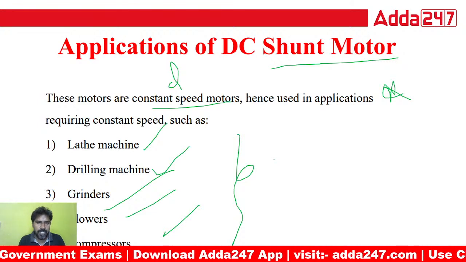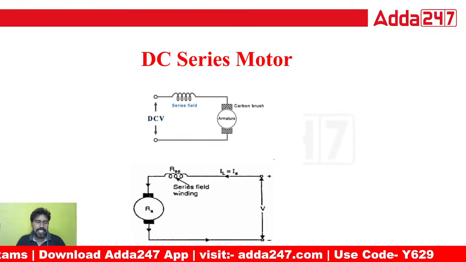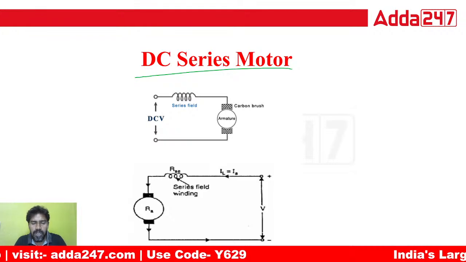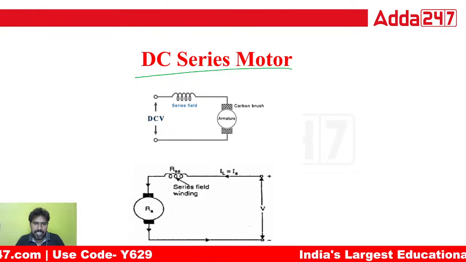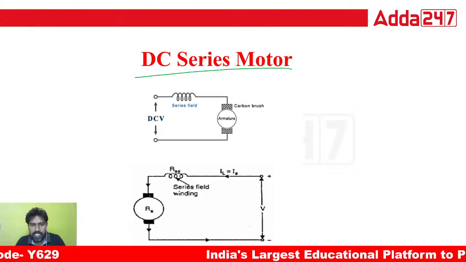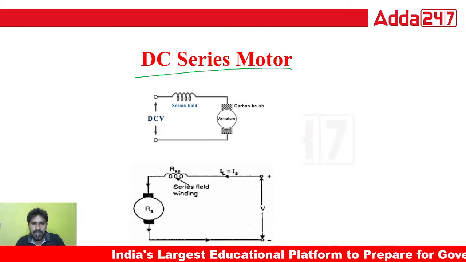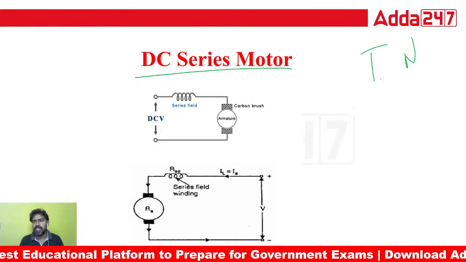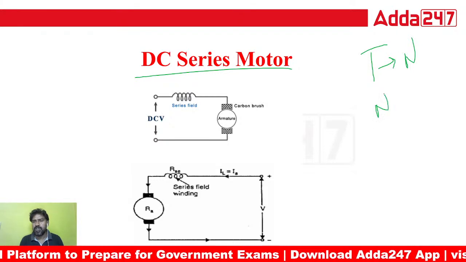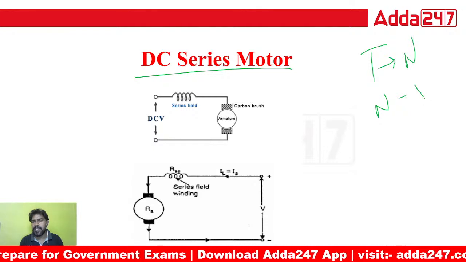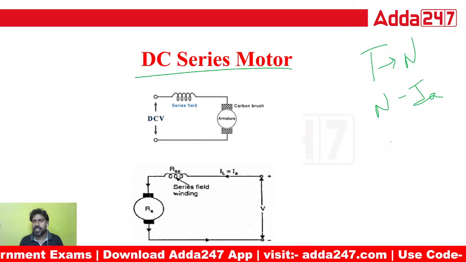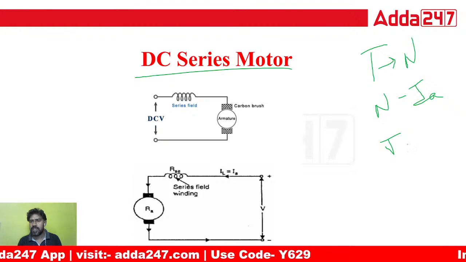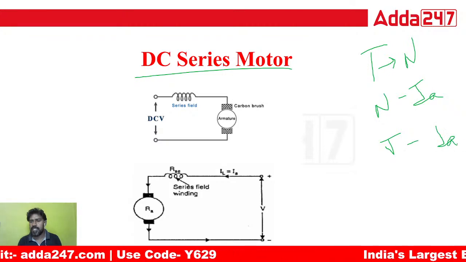These are some applications of the DC shunt motor. Now similarly, the DC series motor. How can we draw the DC series motor characteristics? Similarly, what equations do we need to know? How can we draw the torque-speed characteristics, the speed-armature current characteristics, and the torque versus armature current characteristics?